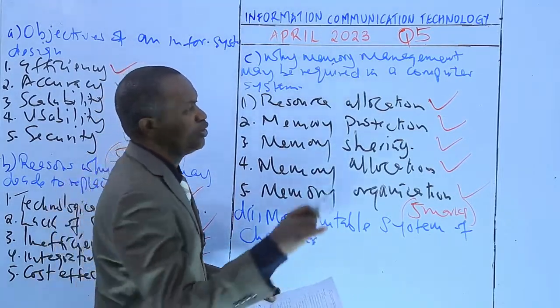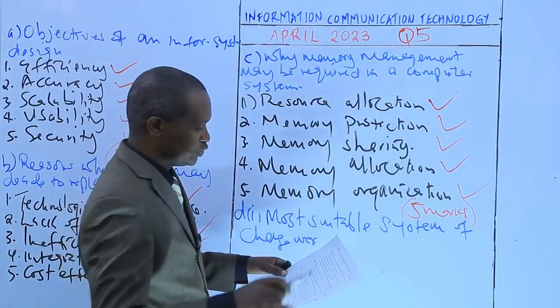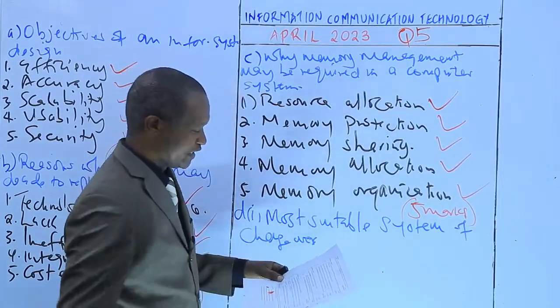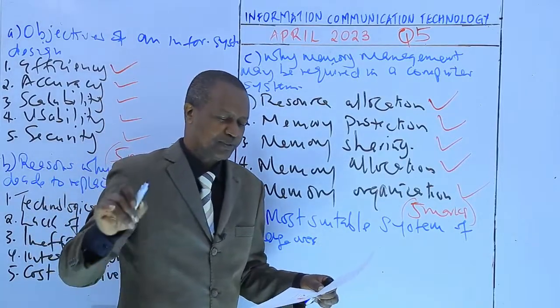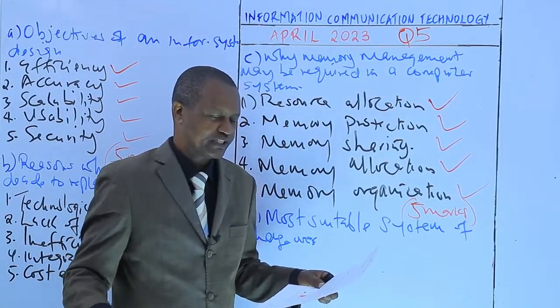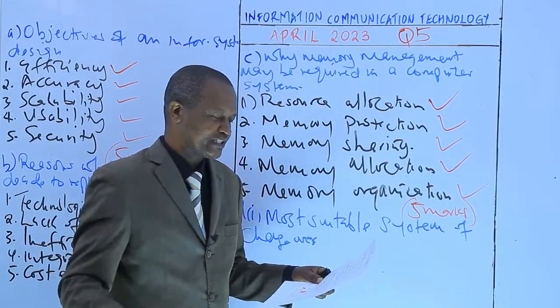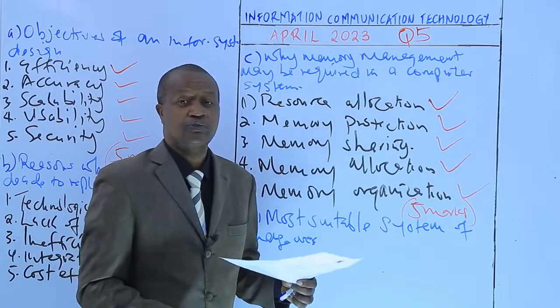The change is from the old system to the new system. So identify the most suitable method of system changeover to apply in the above scenario. We are told that a few managers are reluctant to embrace the new information system.